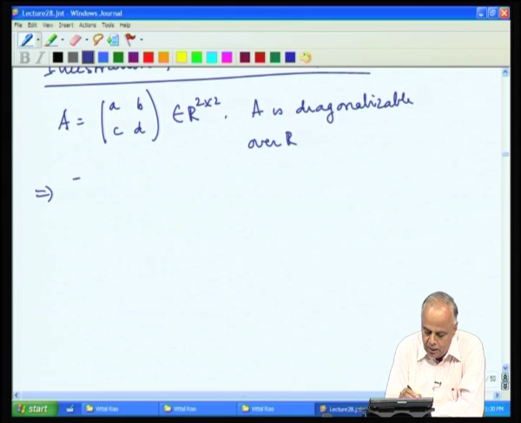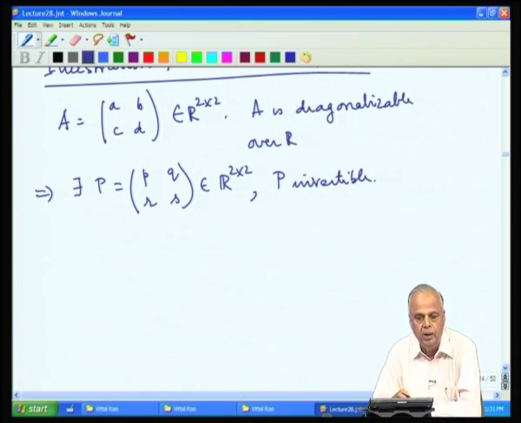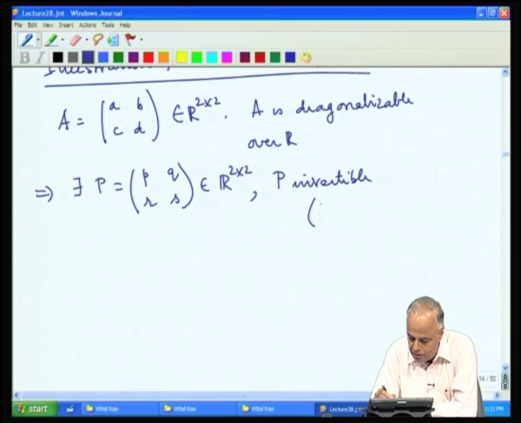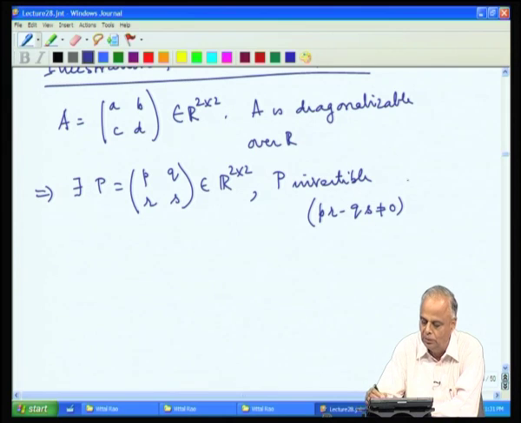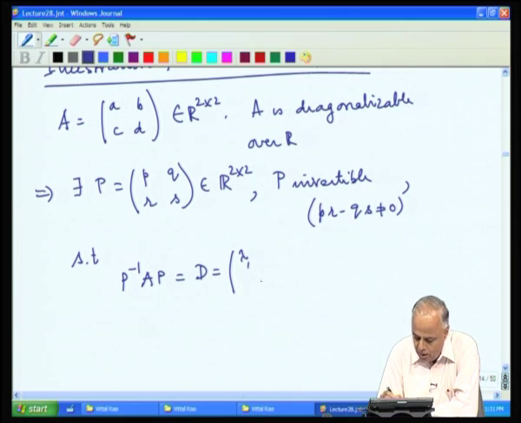This implies there exists P, let us call it as P Q R S belonging to R 2 2, P invertible. What does P invertible mean? The determinant is not 0. So, P S minus Q R is not equal to 0 such that P inverse A P is equal to a diagonal matrix. Let us call that as lambda 1, lambda 2.